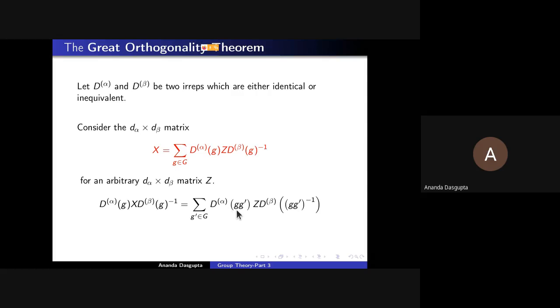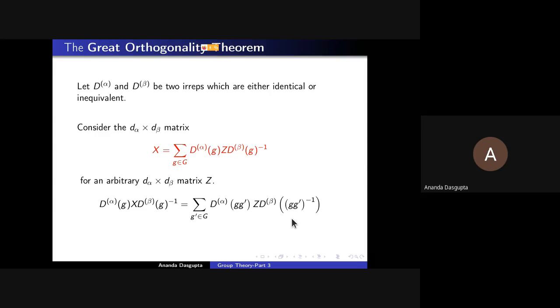Here the sum is over G prime, where G prime runs over the entire group. It's just one column of the multiplication table, and that's just a rearrangement. So you get the same terms in a different order, perhaps, but the same terms. Whatever terms go into this sum are the same as the terms which go into this sum.